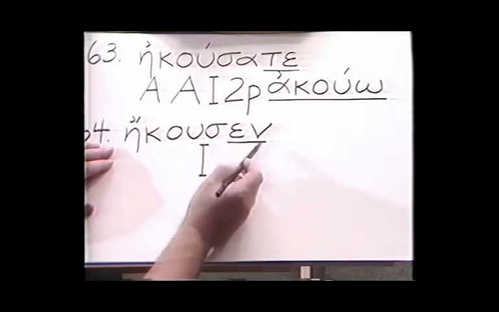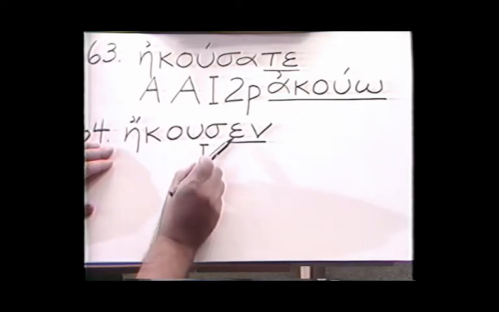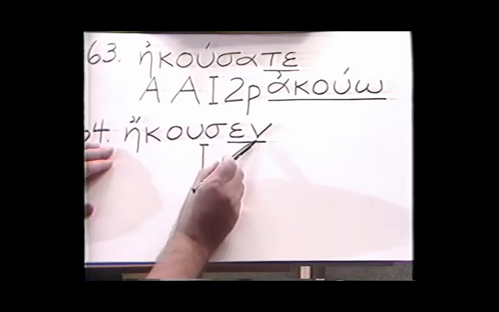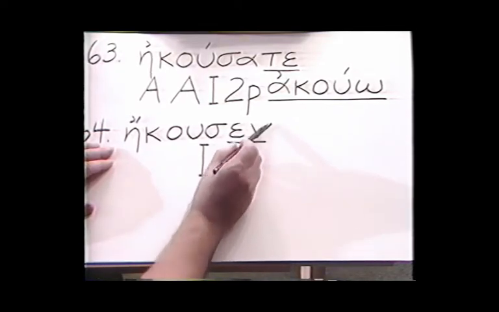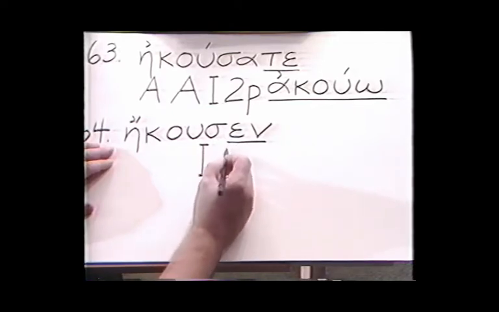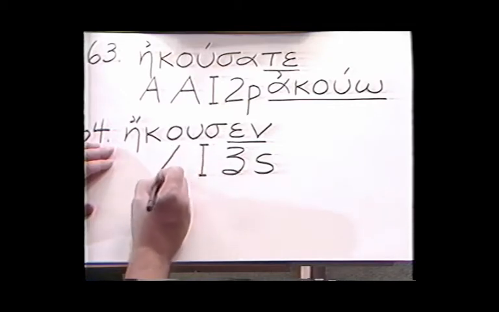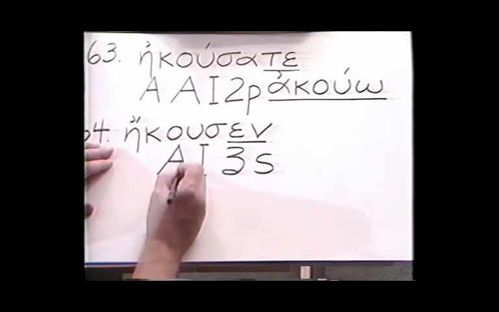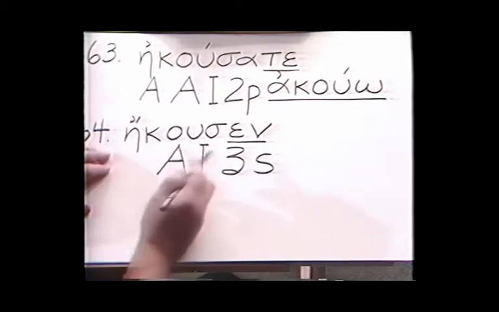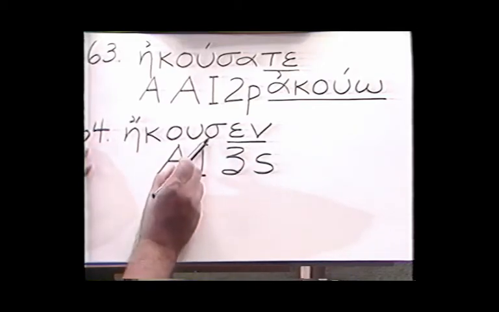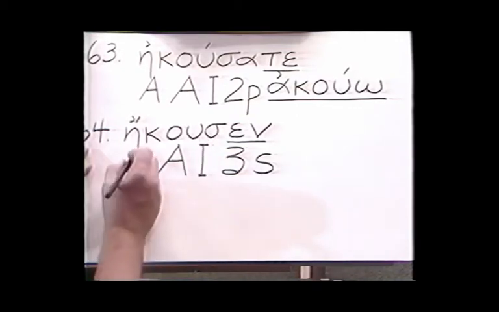Again, remember, this is not really an ending, but rather it is an epsilon connecting vowel and a movable nu. But we are thinking of it as an ending, third singular. It is also an active ending. We look in front of the ending and we see a sigma tense indicator. Of the two tenses, imperfect or aorist, which one would have a sigma tense indicator?